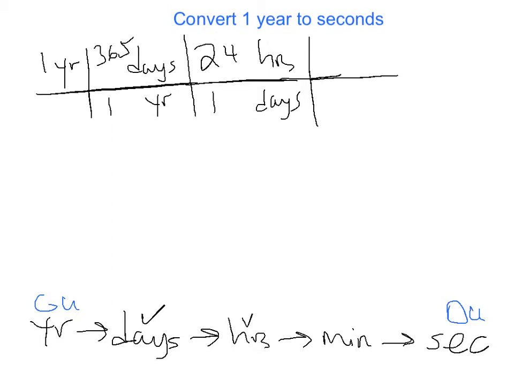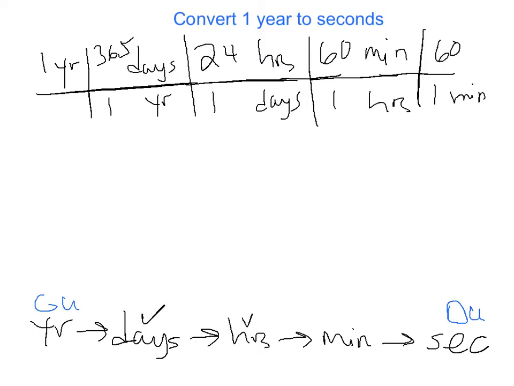So again, on the diagonal, we put hours, because I want hours to cancel out. Minutes goes on top. And I know that hours is bigger than minutes, so 1 hour has 60 minutes in it. And then we'll keep going. Same thing, 1 minute has 60 seconds. And now I've reached my desired unit of seconds, so I know I need to stop.